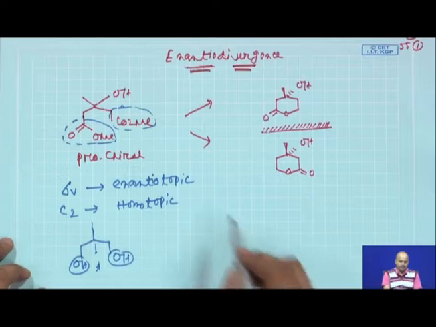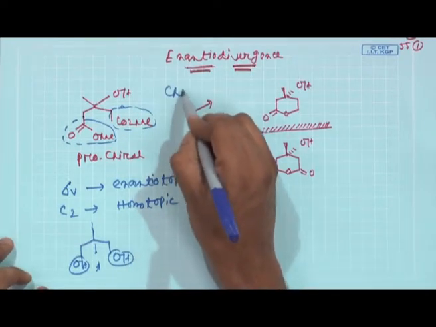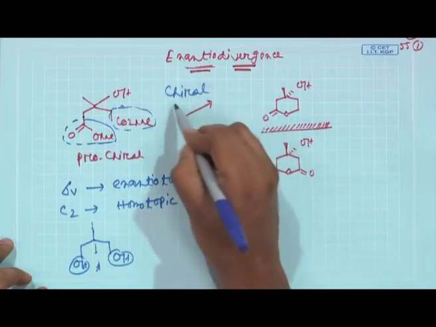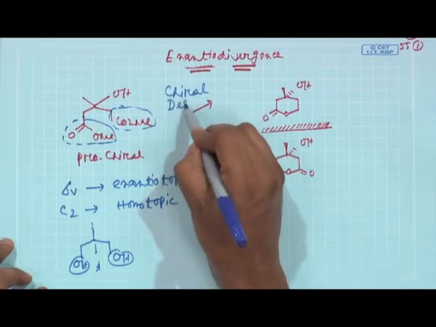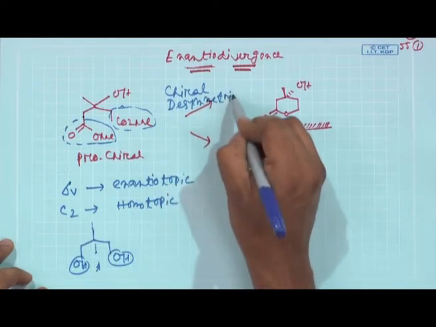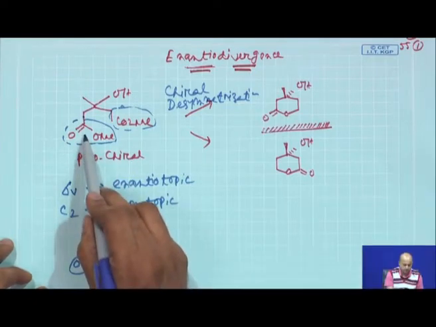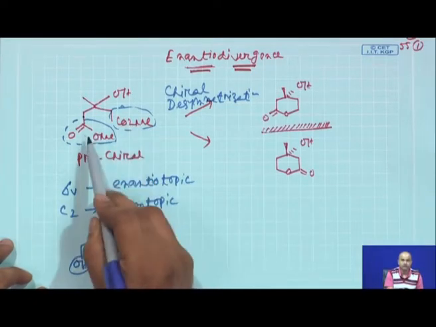Now, the initial reaction you have to do is a chiral desymmetrization reaction, which will lead you to the divergence. Also, the point is that two of the functional groups are basically similar.